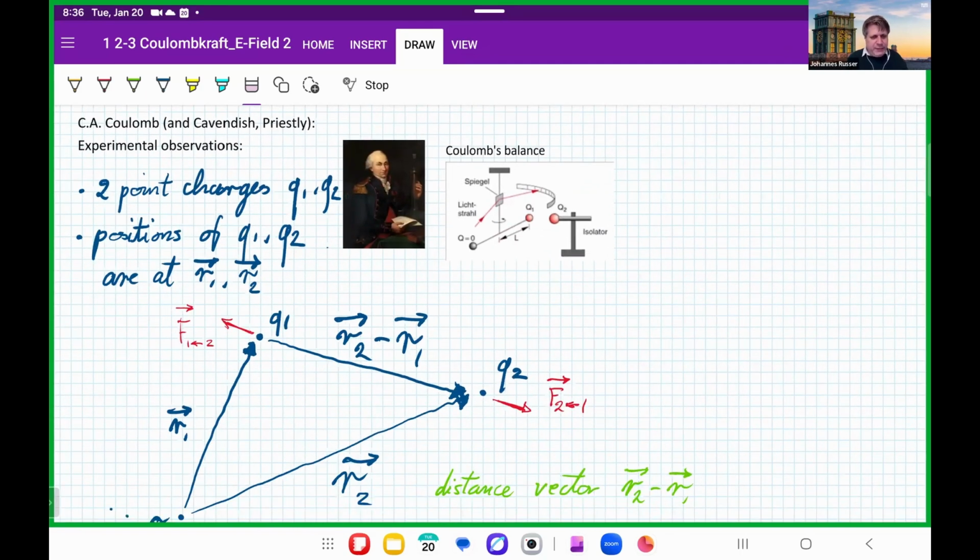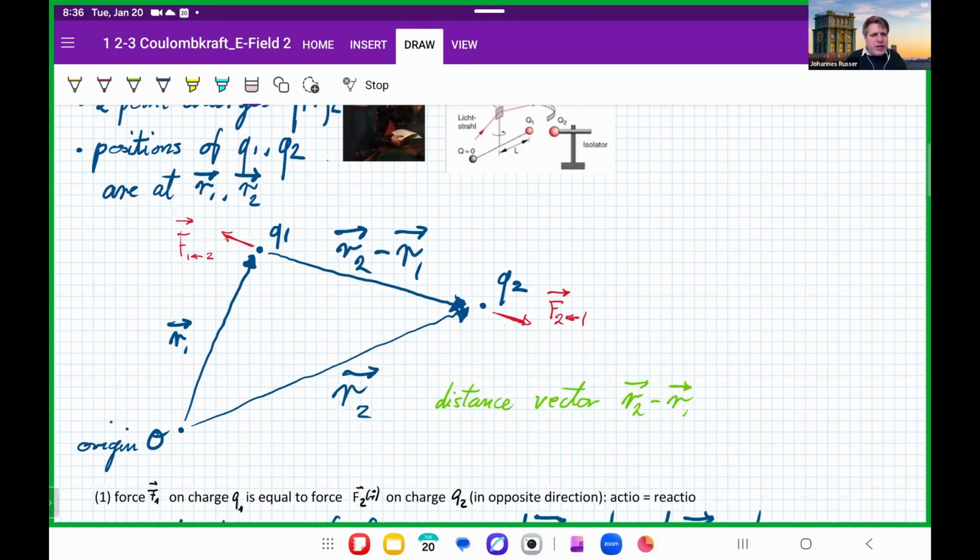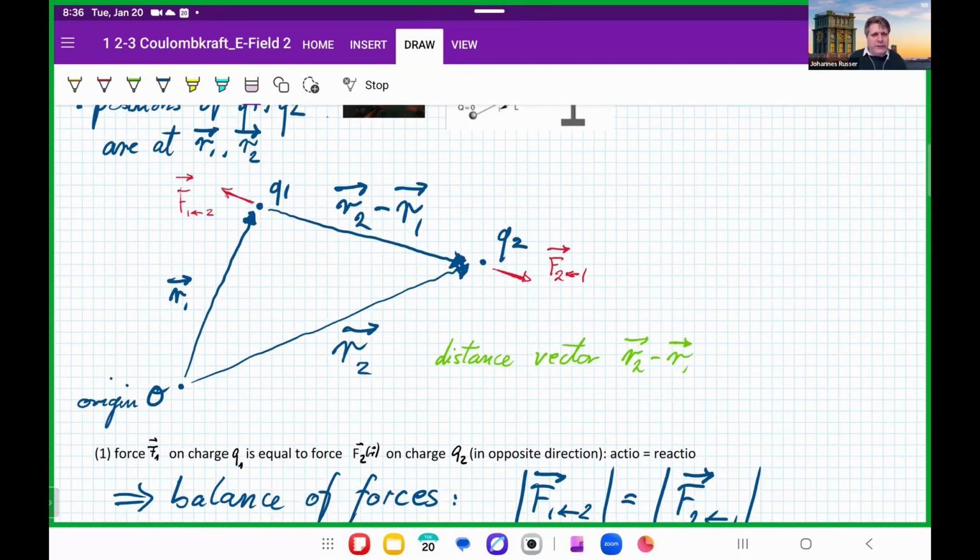And you see here the picture of Coulomb. We have these two charges, Q1 and Q2, and the forces are here in opposing directions because Q1 and Q2 are of the same type.